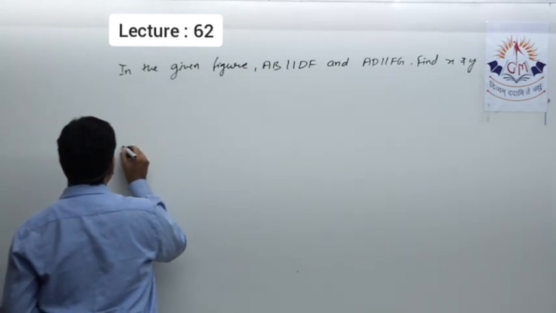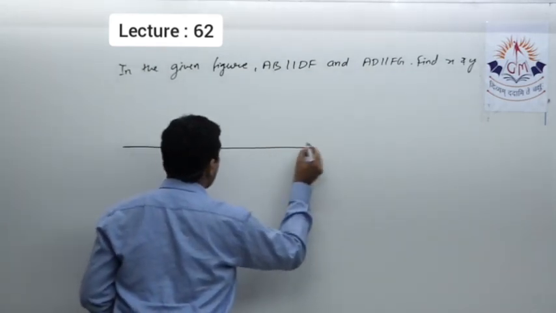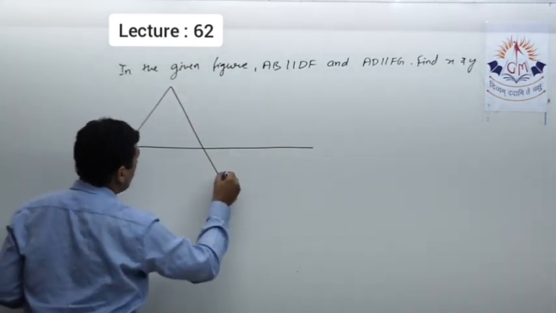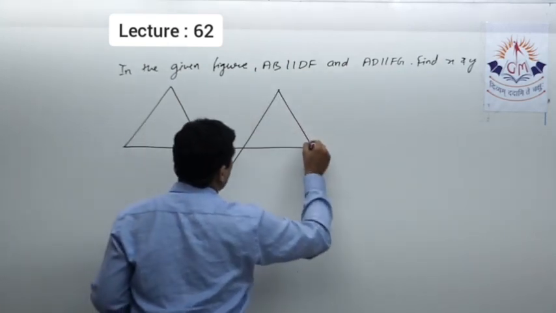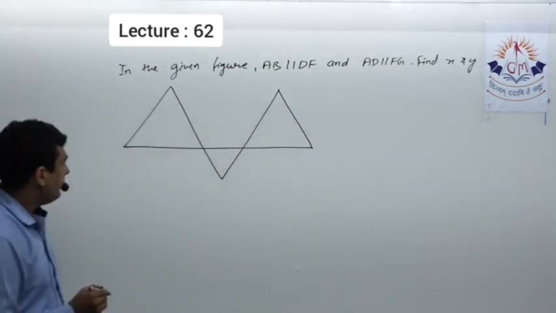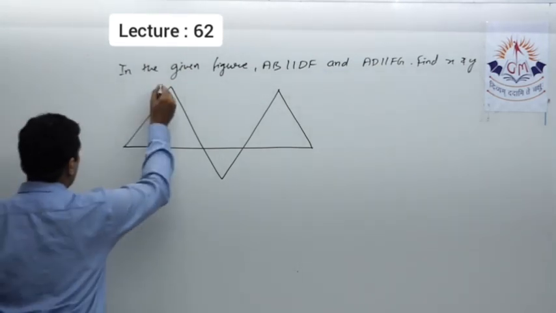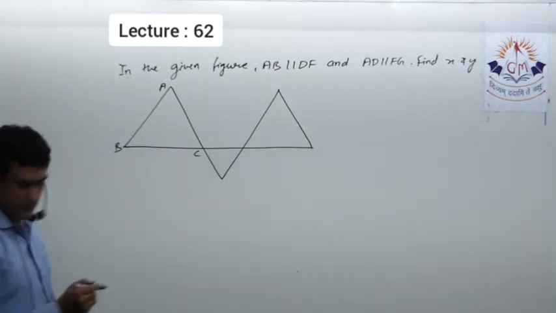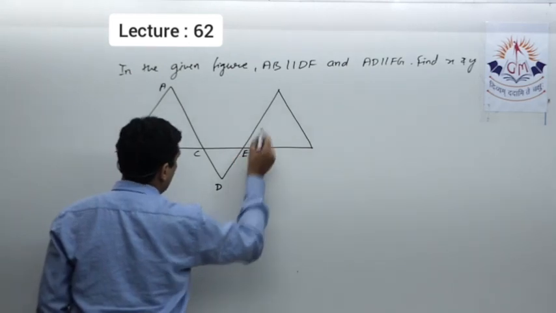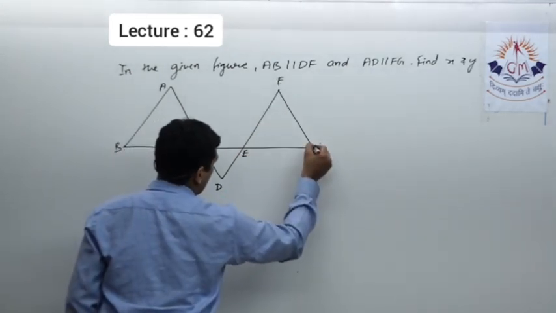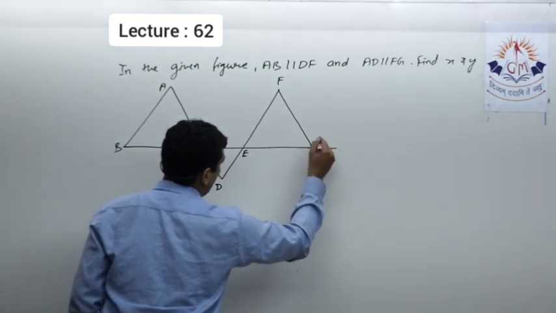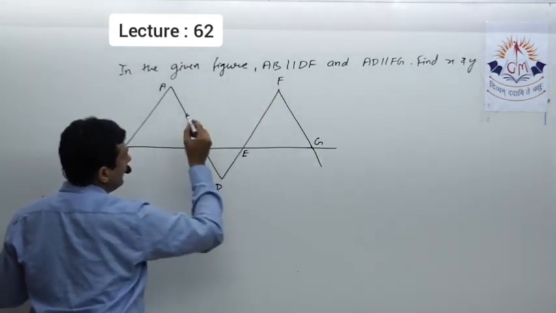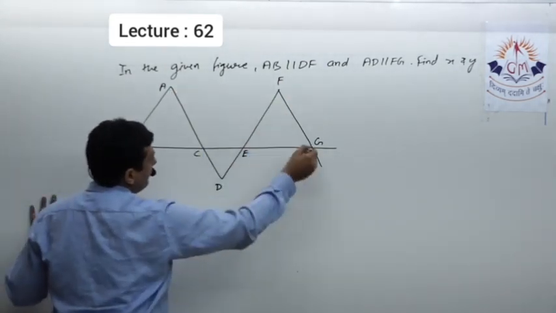Okay, so this is the diagram. So here this is A, B, C. This point is D, this point is E, F, and this point is G. Okay, it is given AB parallel DF as well as AD parallel FG.